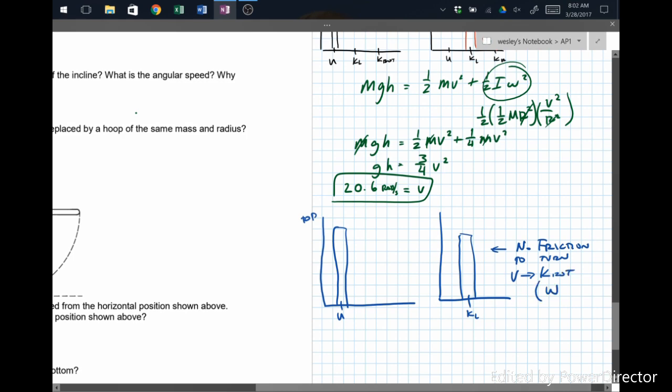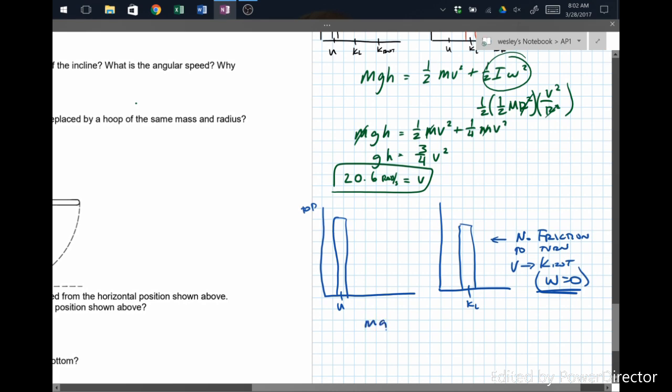So that means really that omega is equal to 0. We're not going to get any spin from this because there's no friction to make that happen. So in this case, mgh is just equal to 1/2 mv squared, and we can plug our numbers in and solve for the final velocity quite easily.